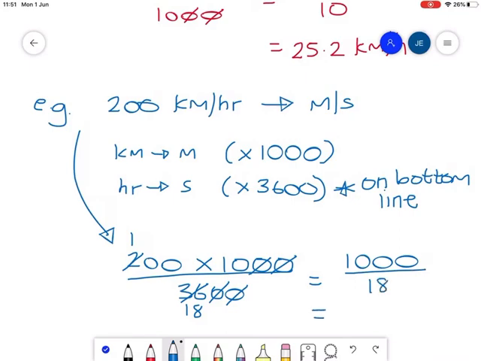Again, technically no calculator, so you would just have to follow that through as best you can. So just divide top and bottom by 2, and that's 500 over 9 meters per second. And if you did have a calculator, you would just work that out as a decimal and give your answer. That would be 55.5 recurring meters per second.